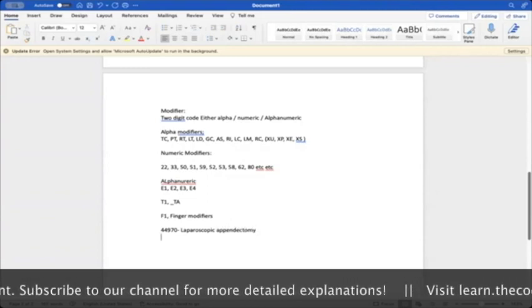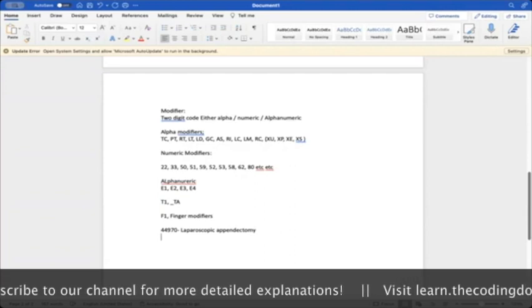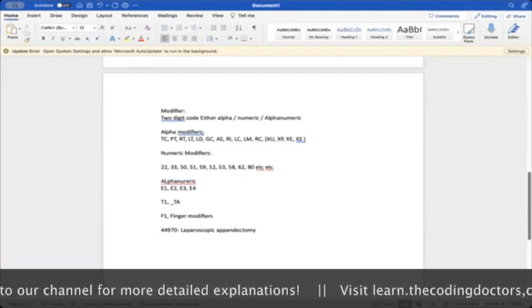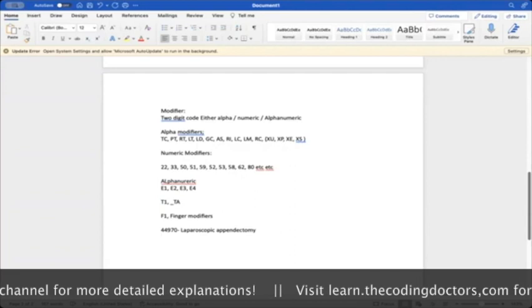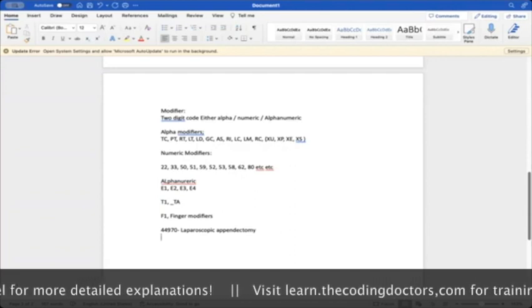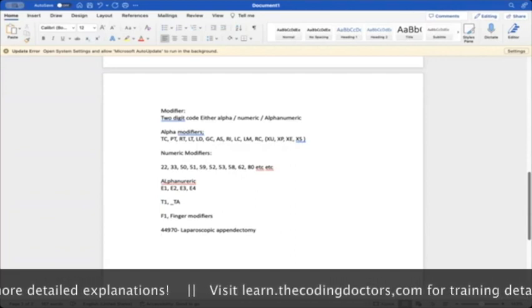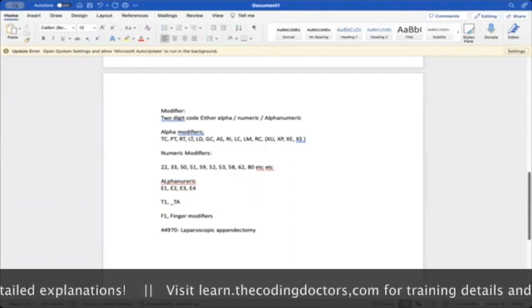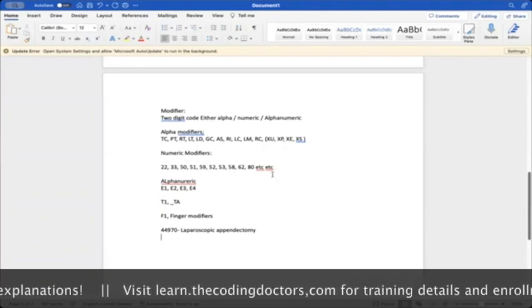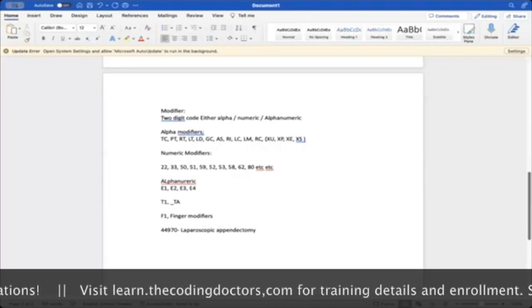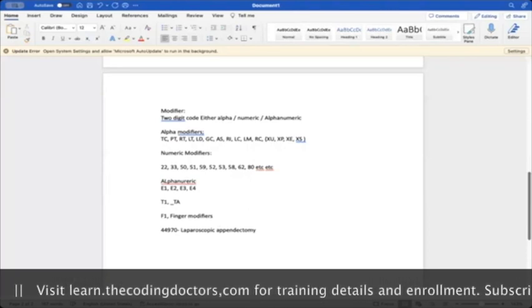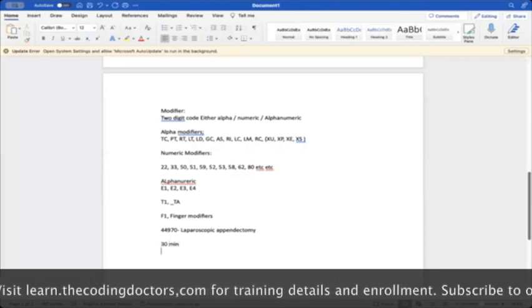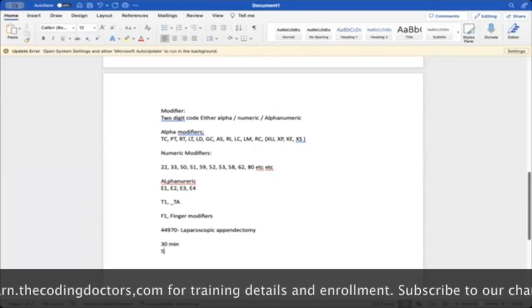While performing this laparoscopic appendectomy, if the physician deals with extensive adhesions in the abdominal cavity, the physician will spend more time than required. For example, the general time to perform this laparoscopic appendectomy is 30 minutes, but the physician spends 50 minutes. Why?